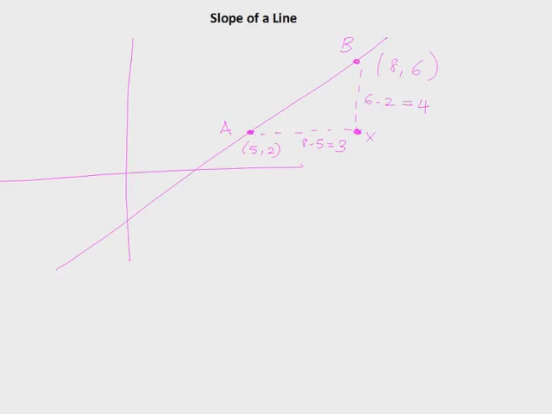How do I use this information to get me a single number which will capture something essential about this line? If I look at two other points on the line, again, I'll be moving some horizontal distance and some vertical distance to get from, say, C to D. Since they're all on the same line, and since this line is a straight line, the amount I move horizontally and the amount I move vertically should be related to each other.